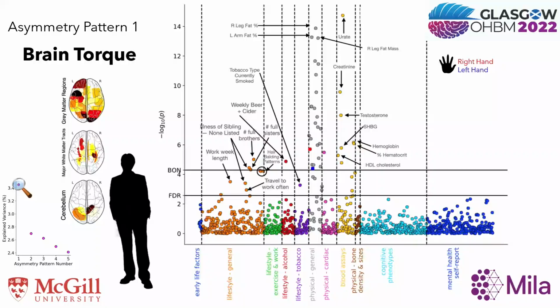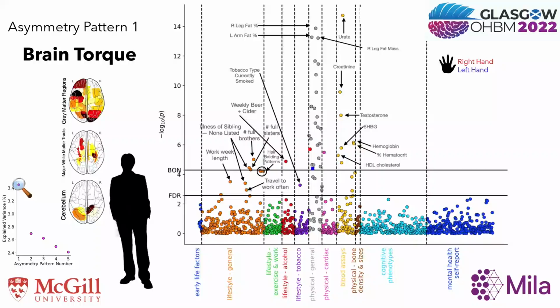To orient ourselves, each point shows the association strength of the correlation between asymmetry pattern 1 and a single phenotype, with negative log 10 of the association strength plotted on the y-axis, such that higher points indicate a stronger association between asymmetry pattern 1 expression and brain torque, or a brain torque-like pattern.